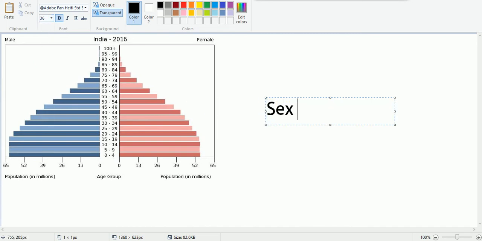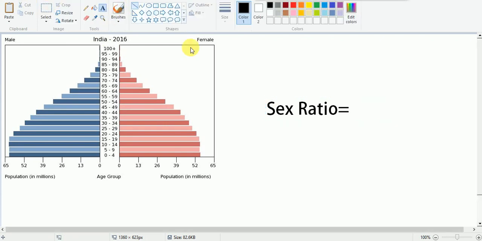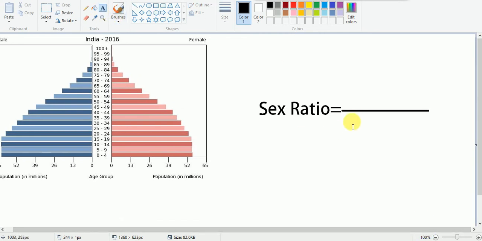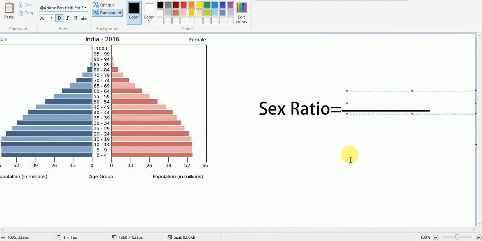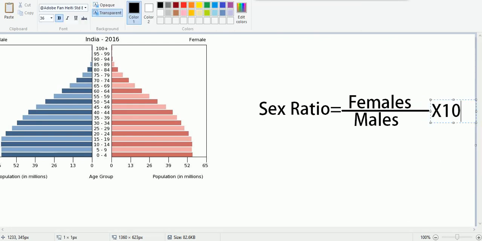Sex ratio is equal to the number of females divided by the number of males, multiplied by 1000.